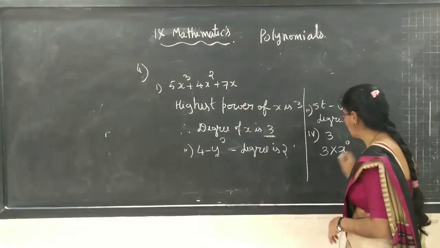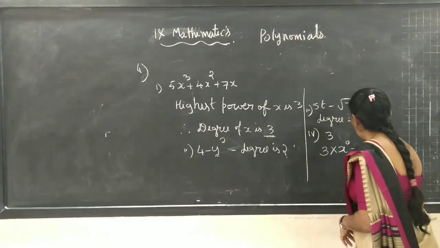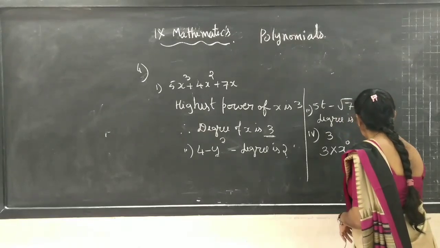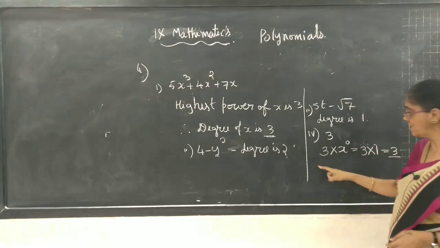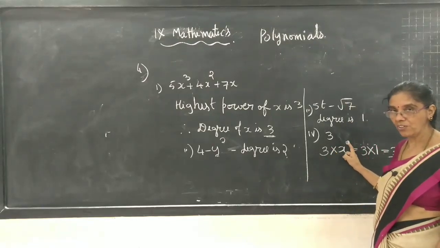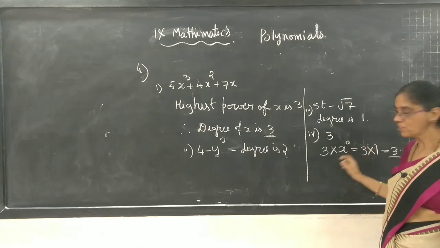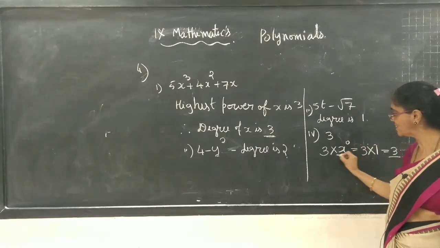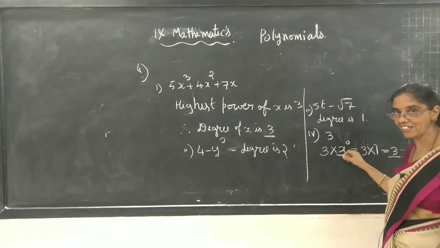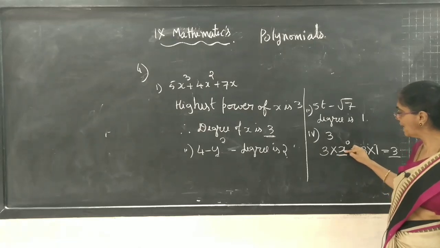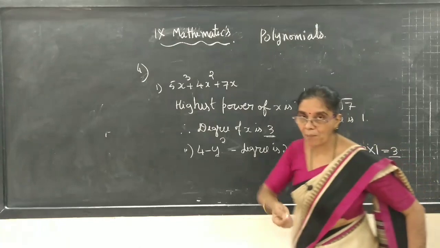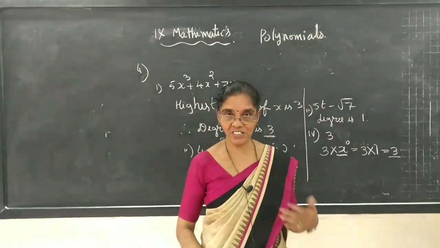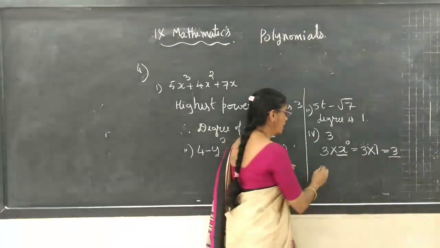So 3 into x to the power of 0 is 3 into 1, the same number 3 we will get. So if you have a constant, x to the power of 0 gives the same number. Whether it is written or not, the variable has the power 0. So that is the degree of the polynomial, which here is 0. So the degree of 3 is 0.